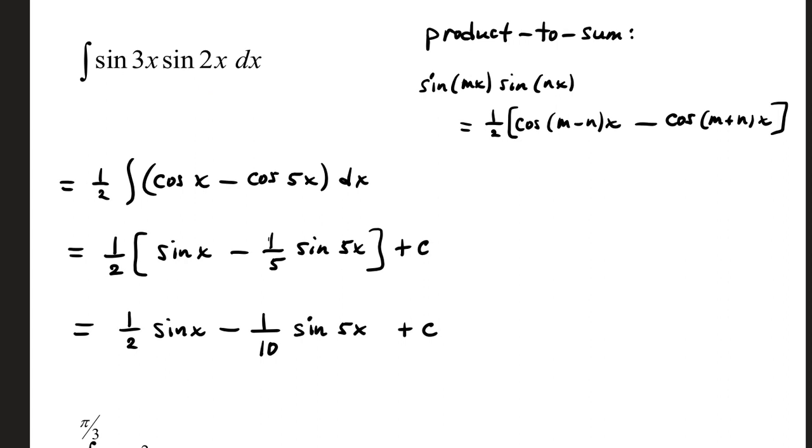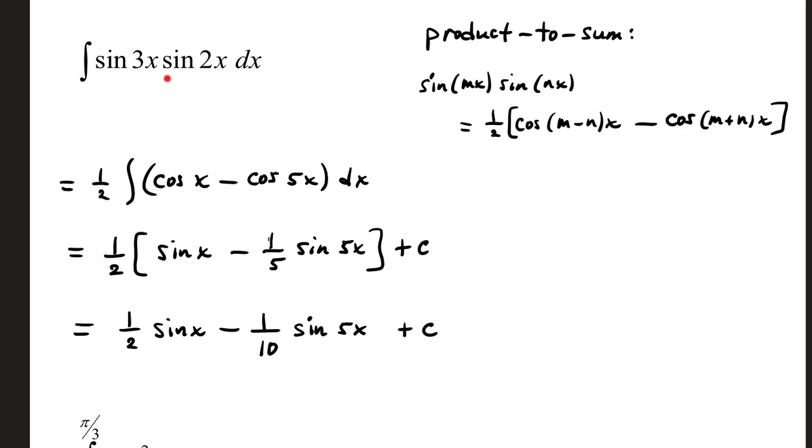Looking up your product to sum formulas, there's one in there where you have sine mx times sine nx. For our problem, m is 3, n is 2. The expansion is 1/2 cosine of the difference in your coefficients times x minus cosine of the sum of your coefficients times x. So what that does for us is this 1/2, I'm going to bring it out.